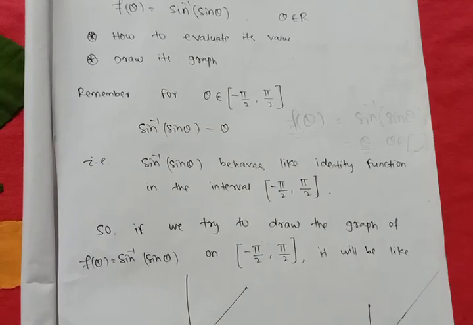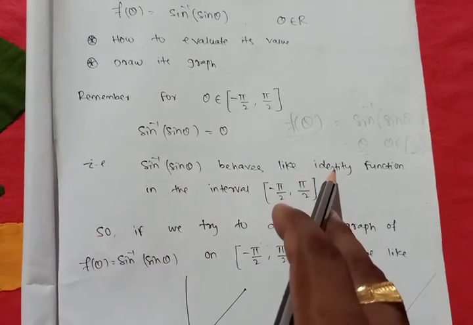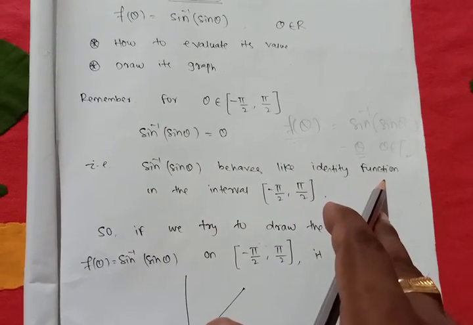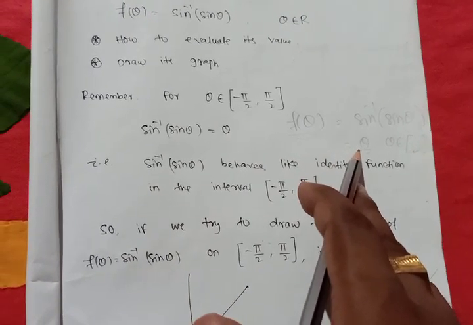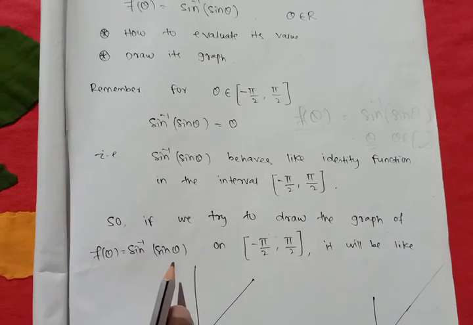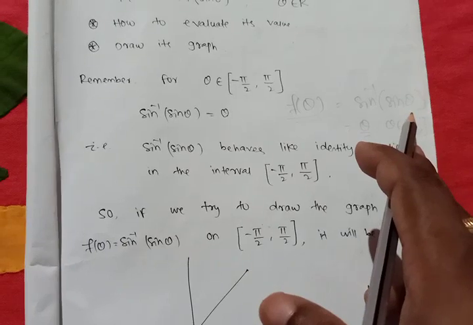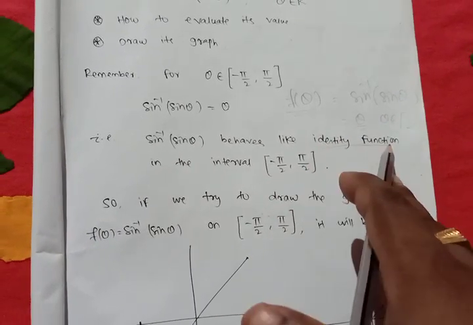Here I have written that sine inverse of sine theta behaves like the identity function. What is it? It is f of x is equal to x. So here also it is f of theta is equal to theta. If you try to draw the graph of the function f of theta equal to sine inverse of sine theta, it behaves like the identity function.